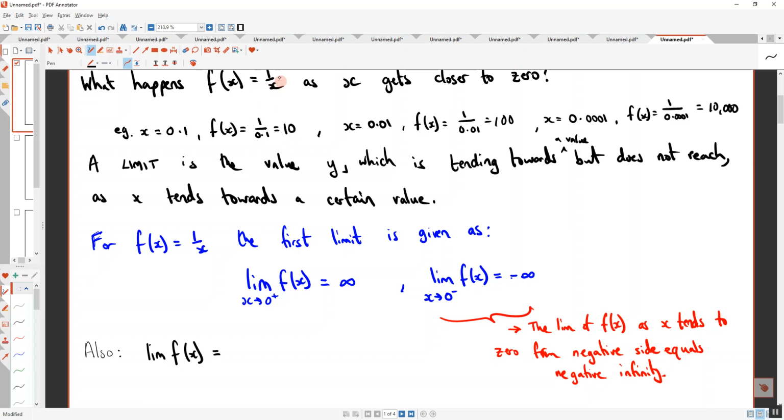What happens to the function? It gets closer and closer to 0, because 1 over a very, very large number equals 0. So I could say that the limit of f of x as x goes towards infinity is equal to 0. And I can also do that from the positive side and also from the negative side.